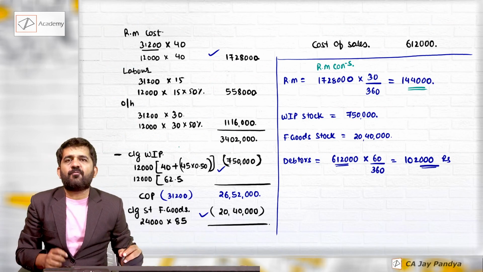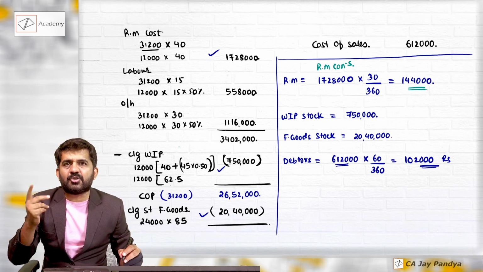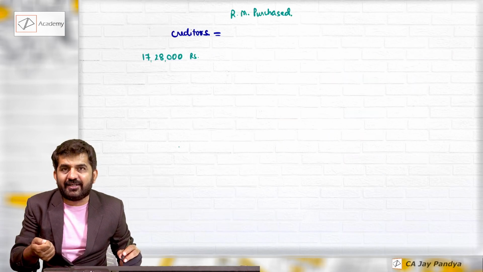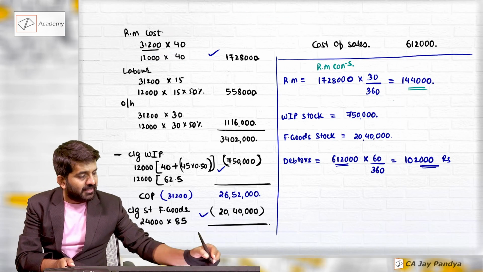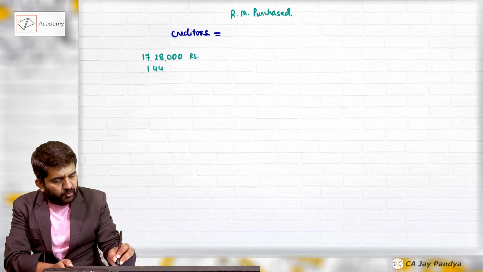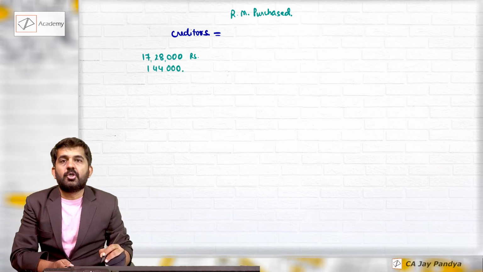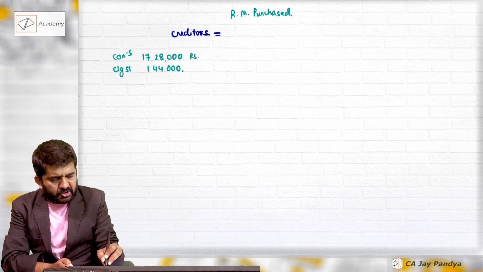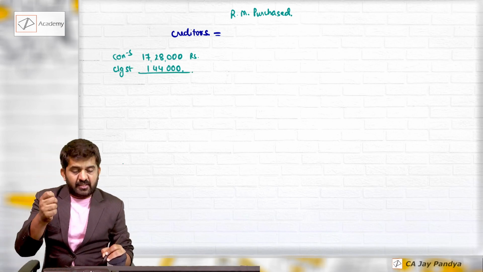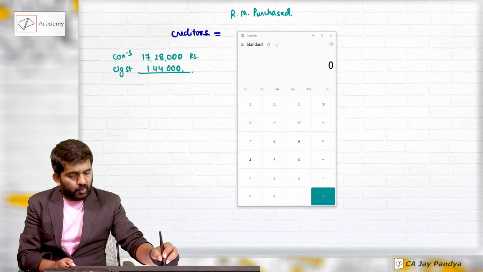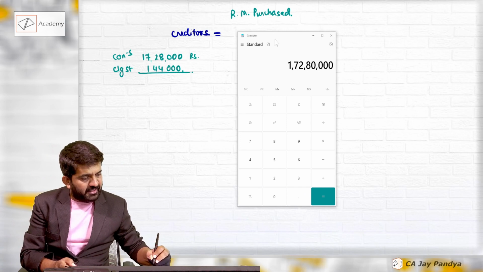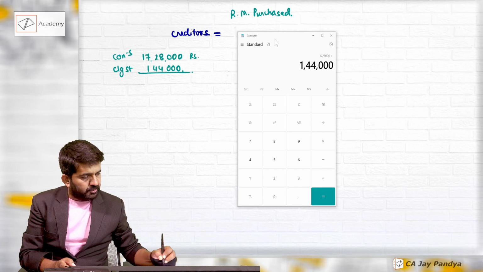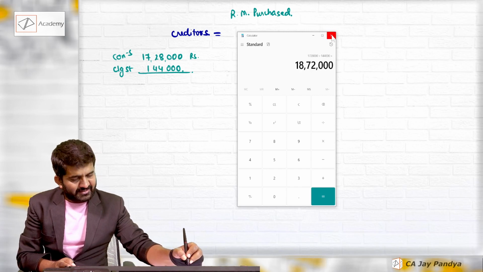Opening stock was 0. Raw material consumed is 17,28,000. You are still keeping a stock of 1,44,000. So you will have to purchase this for consumption and this for closing stock of raw material. This is a nice point in this question. So total purchase will be 17,28,000 plus 1,44,000, 18,72,000.